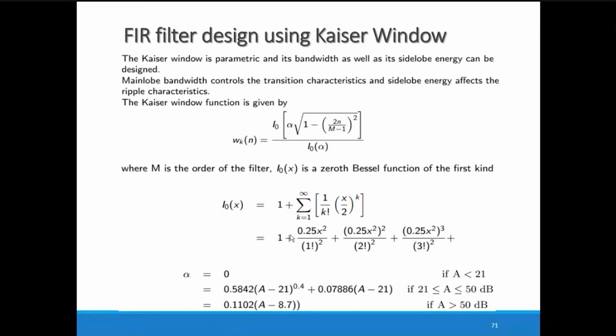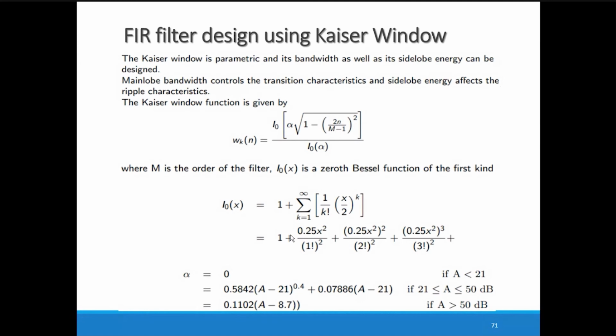Omega(n) is equal to I0 of alpha under root of 1 minus (2n by M minus 1) square, divided by I0 of alpha.